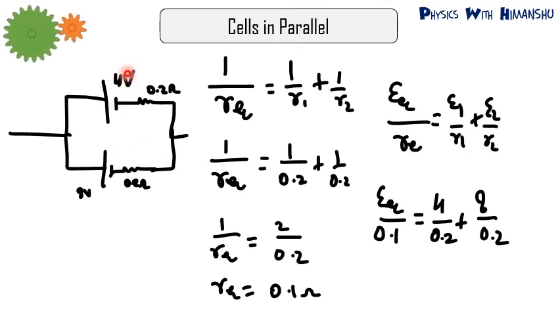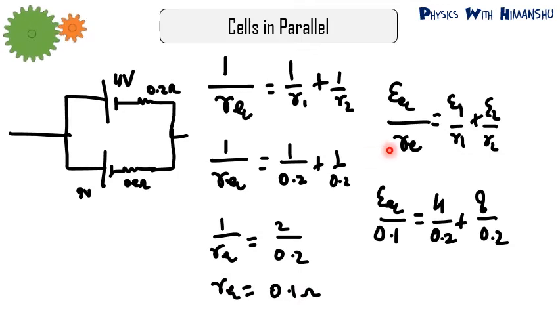Suppose we have two cells, one of 4 volt and another of 8 volt. The 4 volt cell has internal resistance 0.2 ohm and the 8 volt cell also has internal resistance 0.2 ohm. Now I want to find the equivalent EMF and equivalent internal resistance. First we'll calculate the equivalent internal resistance. So 1 upon R equivalent will be 1 by R1 plus 1 by R2. Putting R1 as 0.2 and R2 as 0.2, 1 upon R equivalent will be 2 upon 0.2, and R equivalent will be 0.1 ohm.